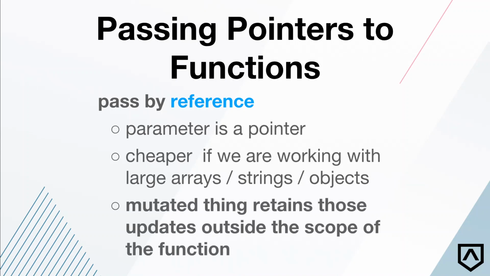Okay, and if we use our pointer and we manipulate the value of whatever item is at the address referenced by that pointer, any changes we make will actually be maintained even when the function ends, because we didn't pass in a copy of some value, we passed in the address of, okay, this is the value I need to use, this is where that value is saved, and so if we change it, we're changing the original copy.